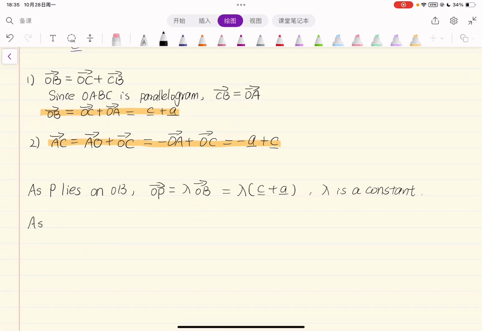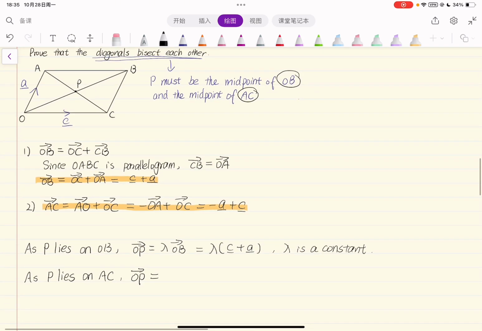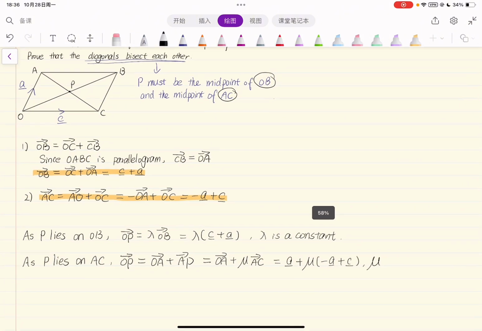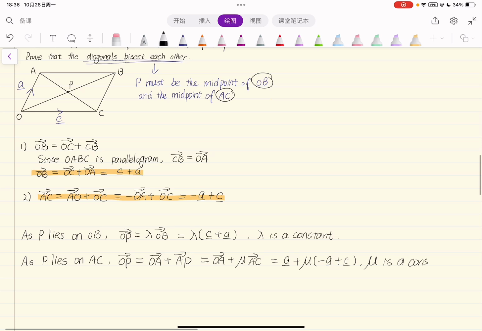Now, as P lies on AC, the vector OP equals the vector OA plus the vector AP, which equals the vector OA plus mu times the vector AC, which equals a plus mu times negative a plus c, where mu is also a constant. Now we find the two expressions of the position vector P.